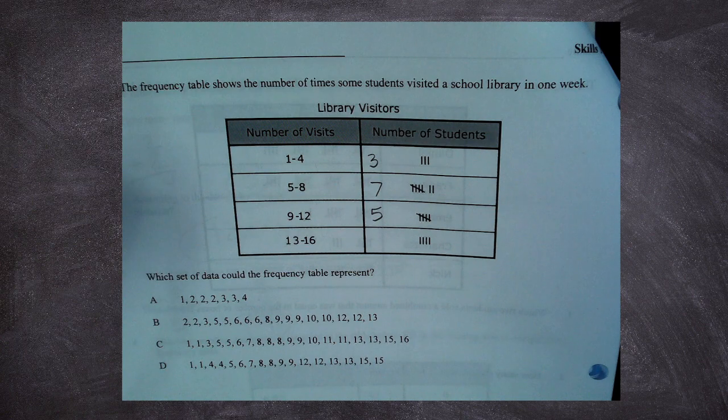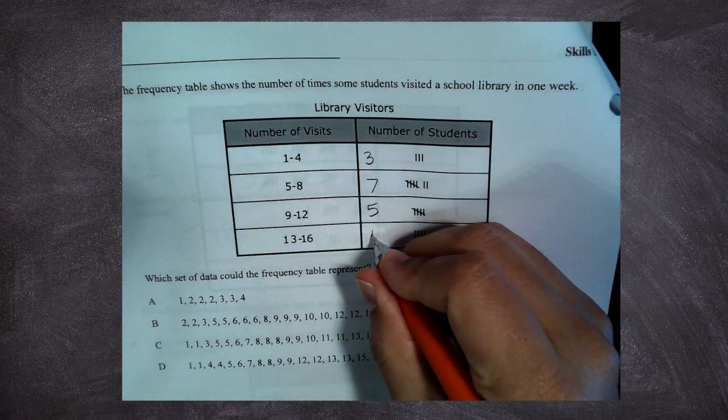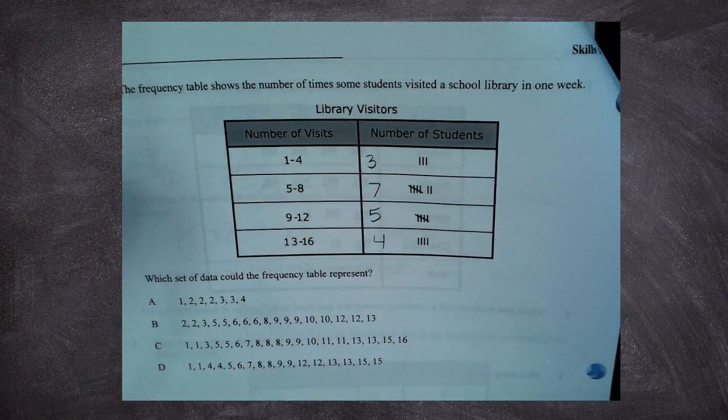Violet? 4. 4 people really love to read because they went to the library between 13 and 16 times in 1 week.